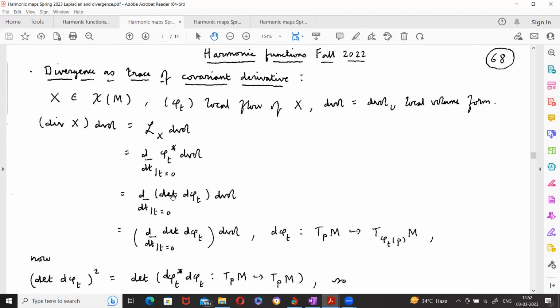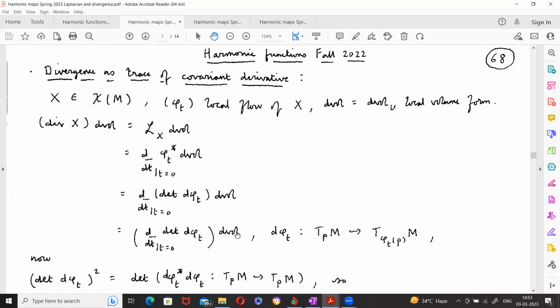We saw this last time. When I pull back the volume form by F, I'll get determinant dF into dvol. So this becomes d/dt at t equal to 0 of determinant d phi t into dvol. This dvol is fixed, so I can take it outside the derivative.